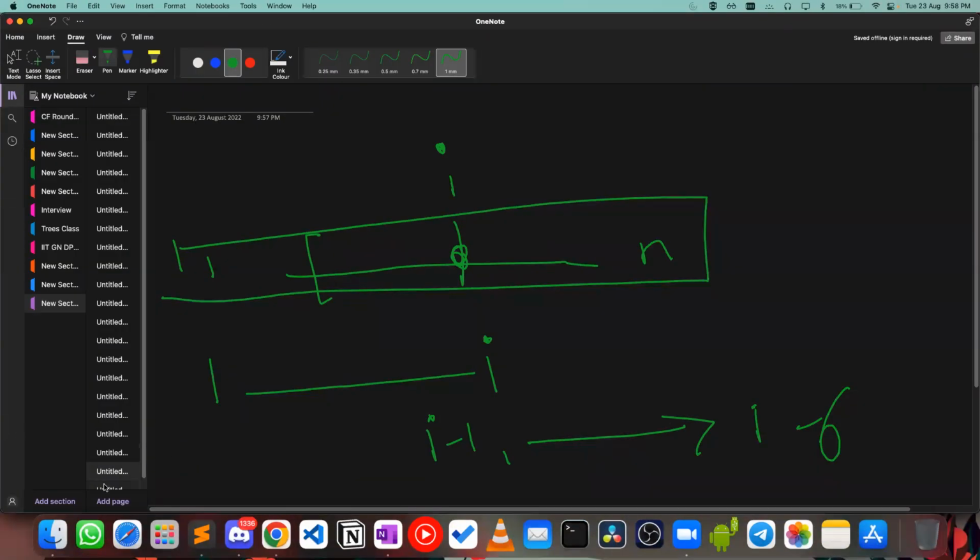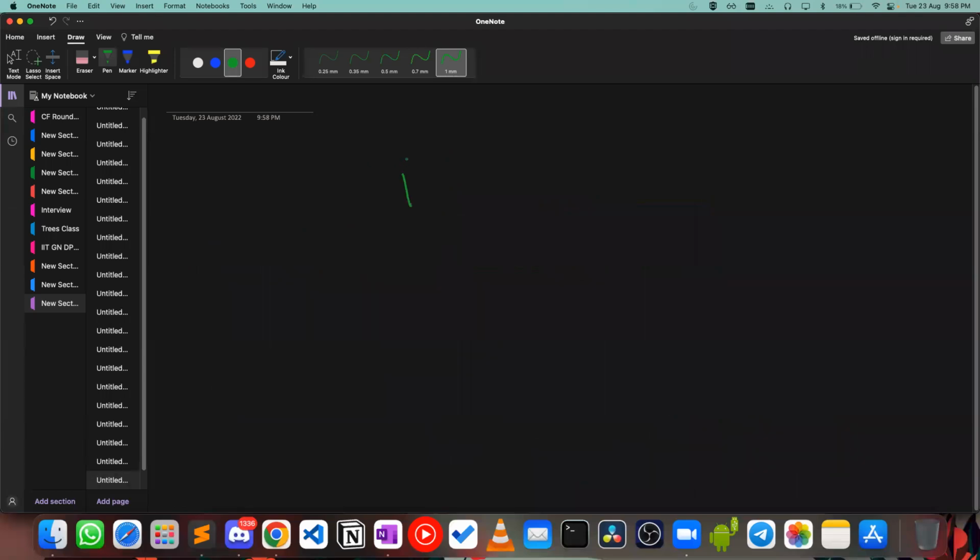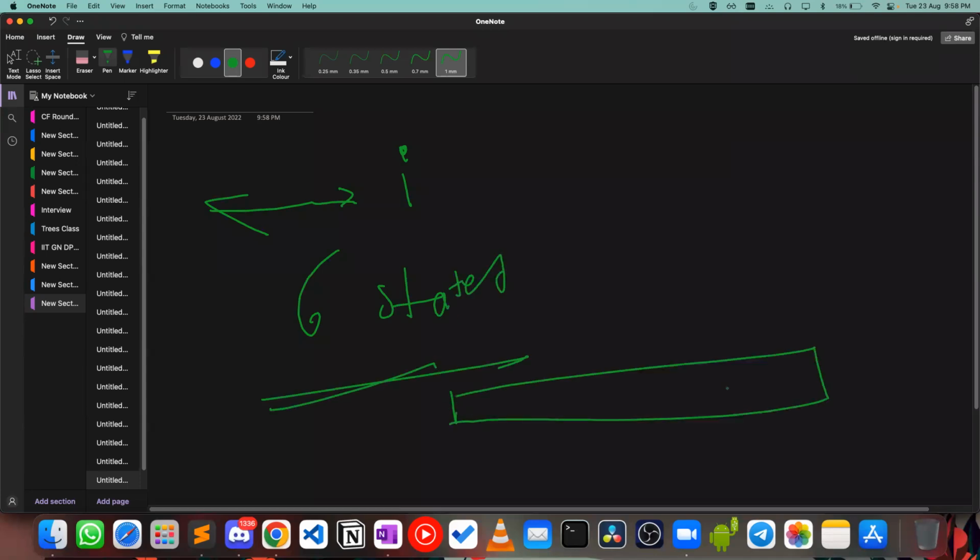If you're standing at I, how many previous states do you need to keep track of? Just 6 previous states. So is it beneficial to create an array of size n for a DP, or is it beneficial to just create an array of size 6 and keep updating that array as and when you calculate a DP state?